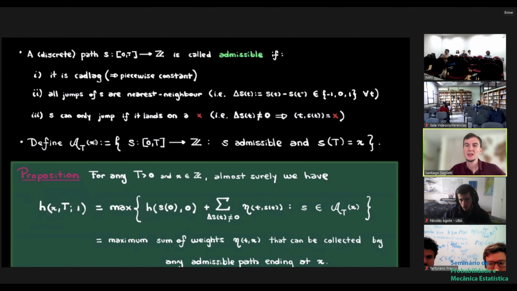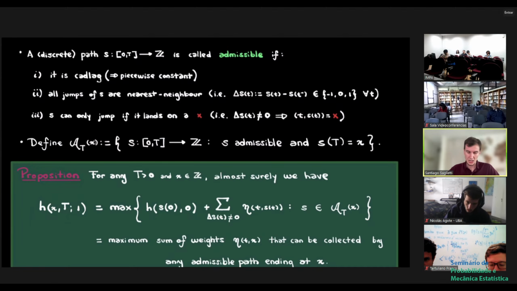And so with this representation right here, you can see that there's a connection with the last passage percolation problem. This is also a last passage percolation problem, which is not on a lattice. It's kind of a Poissonian lattice, because now the paths somehow need to make jumps whenever you reach a Poisson point.